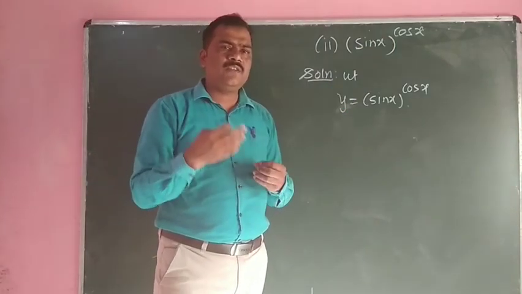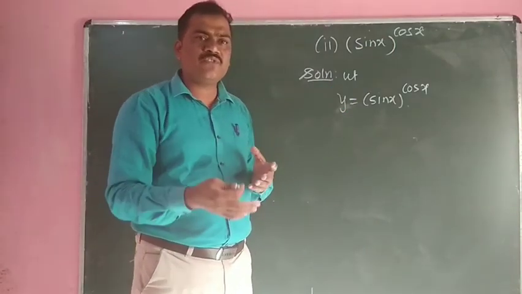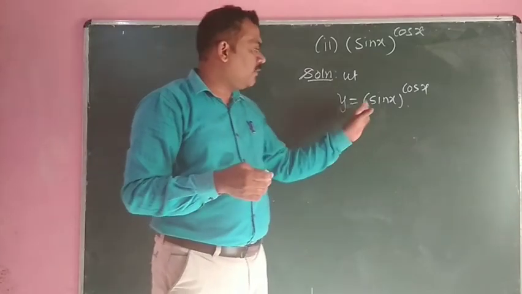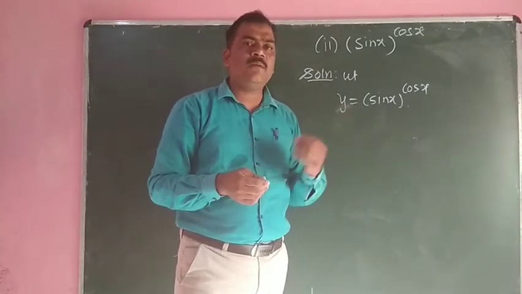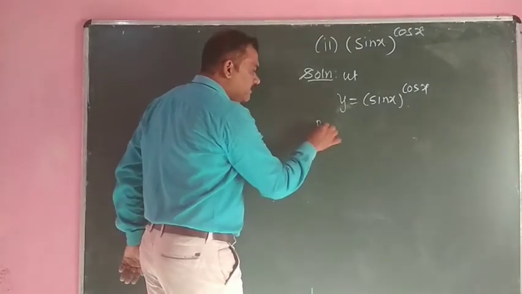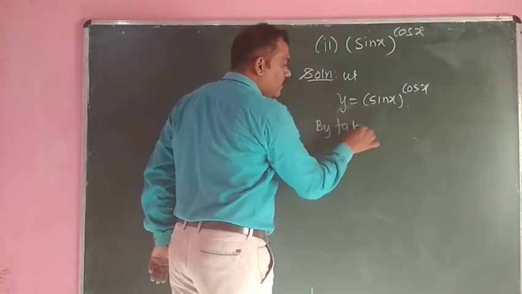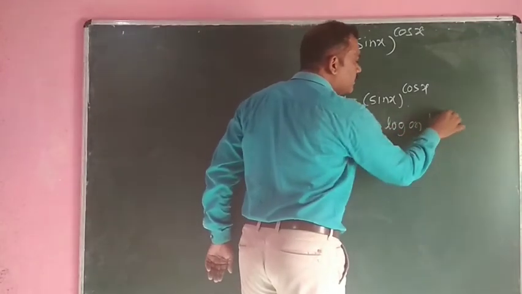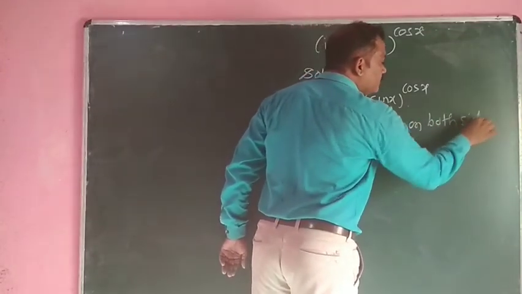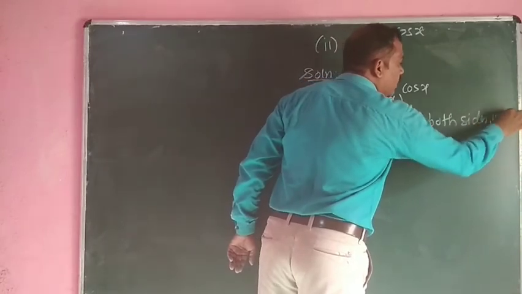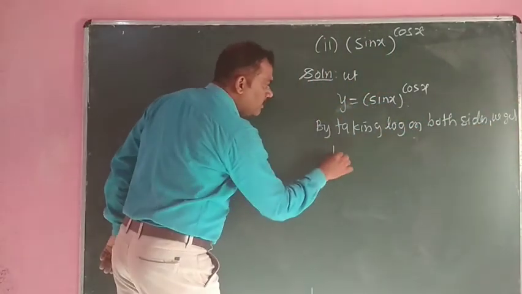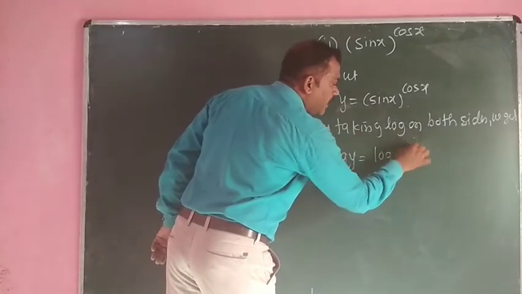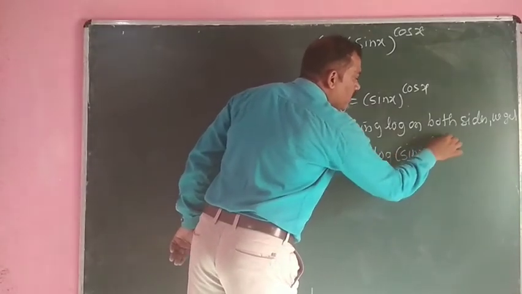When the given function is expressed as a function raised to a function, it is recommended that we take the log on both sides. Now we have to take the log on both sides with the base e. We get log of y is equal to log of sin x raised to cos x.